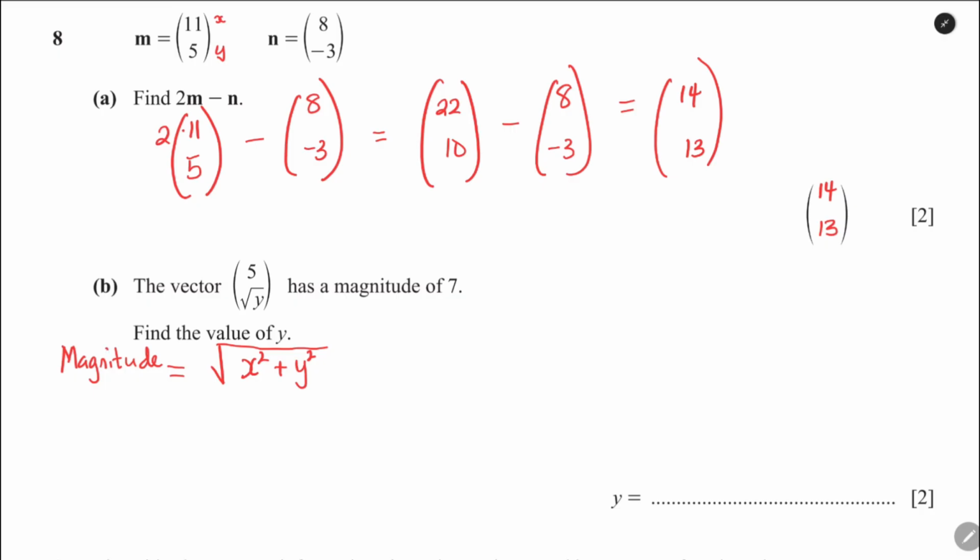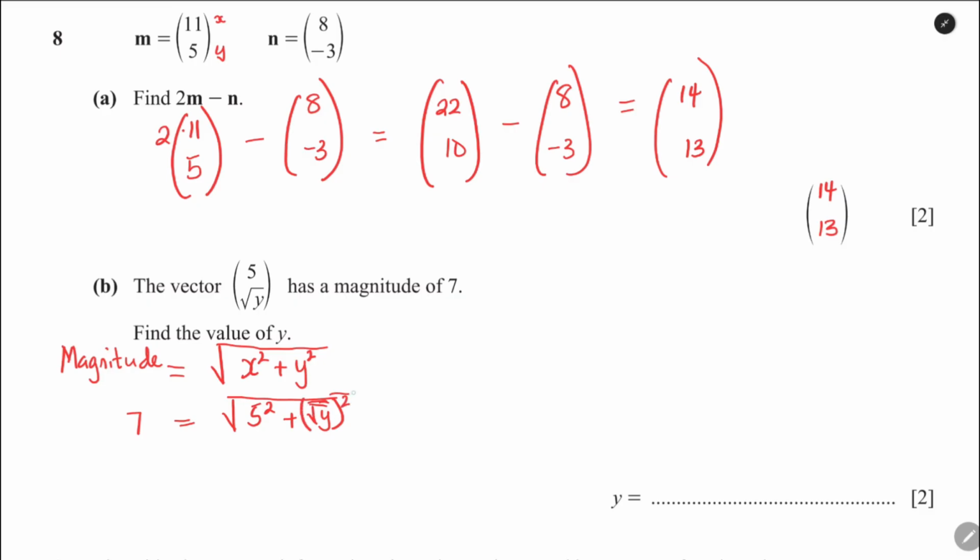So it means that if this vector already has a magnitude of 7, we have 7 equals the square root of the x component here, which is 5, plus the y component, which is root y, all squared.